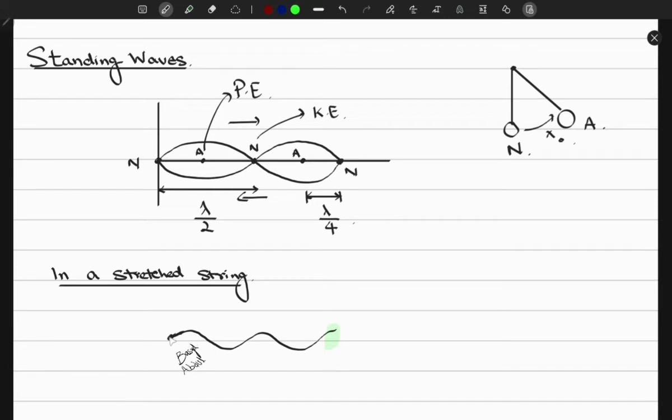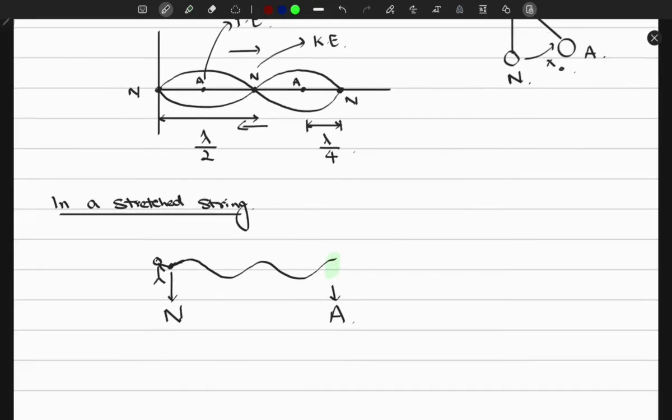You could imagine holding the string with your hand over here and making it oscillate. The fixed end is always where a node is formed, while at the free end you will always have an antinode.